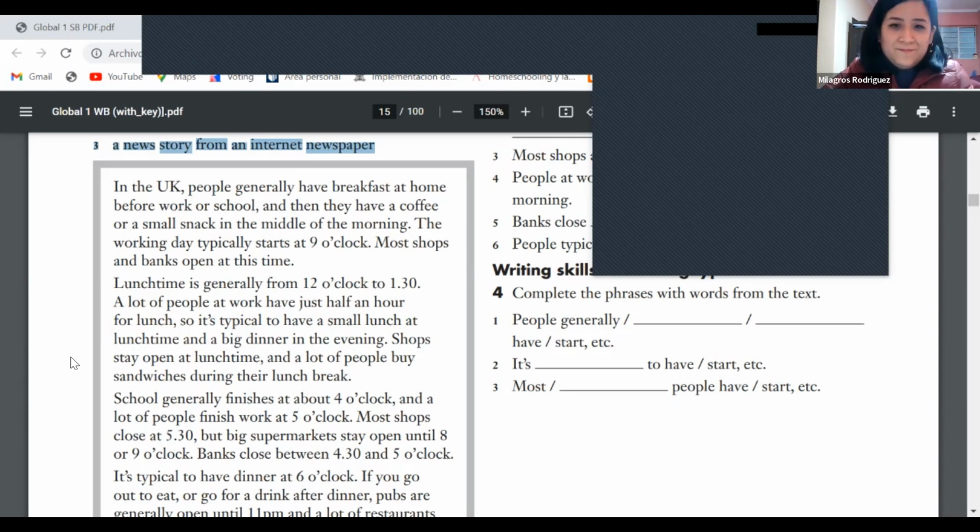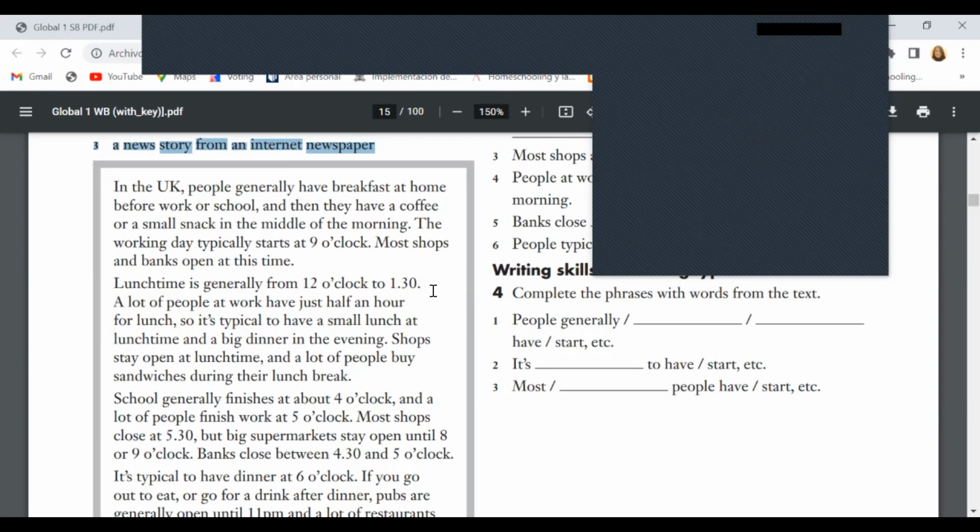Which similarities have you identified? For example, lunchtime is generally from 12 o'clock to 1:30. Our lunchtime is similar to the people in the UK. Very good. Can you find another similarity?